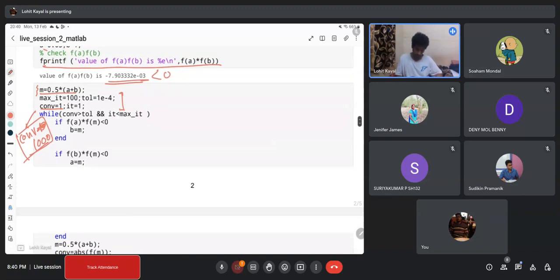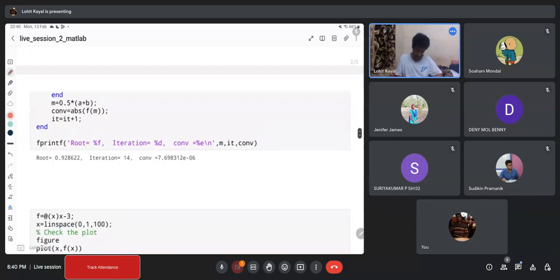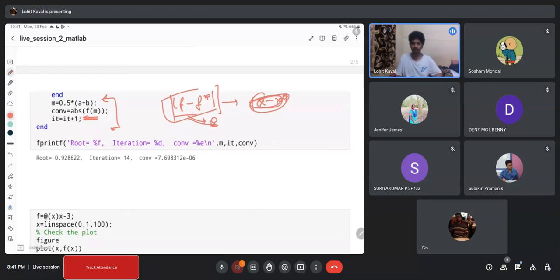So conf greater than tol, the same thing. This is also the same operation. Here I am taking f minus f star, where f star is equal to 0, because I am finding a root. You can define your error as something like x minus x star; I have found that this will be convenient for this case. You can try any other thing.